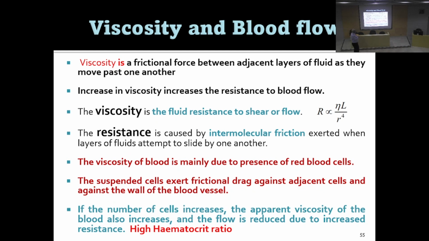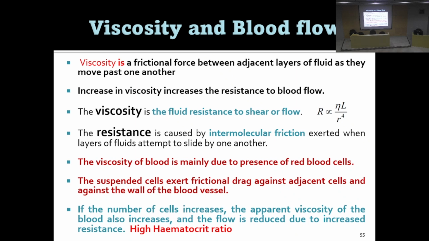Now, in the blood, what is the reason for the viscosity? In the blood, viscosity comes from the number of red blood cells. Viscosity increases by increasing the number of red blood cells. When you have a large number of red cells, you have viscous blood.